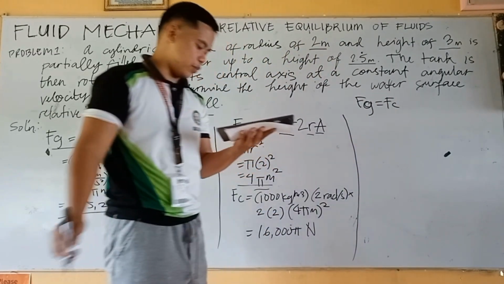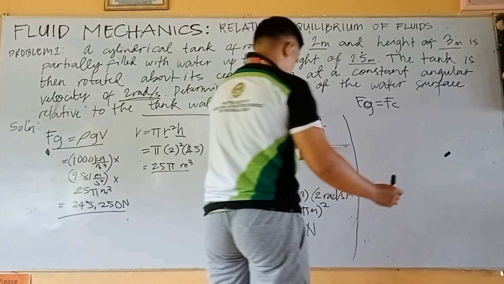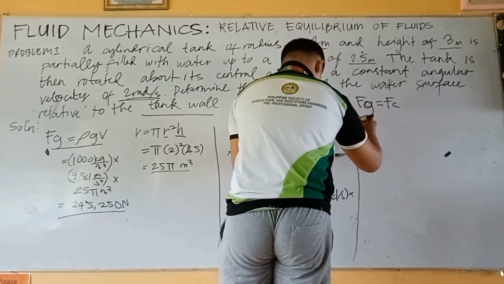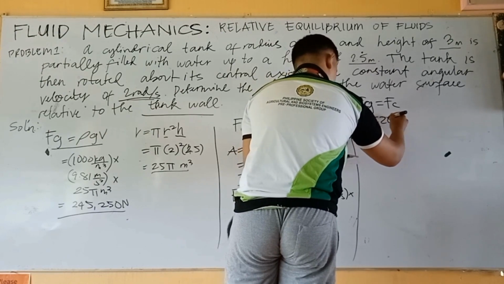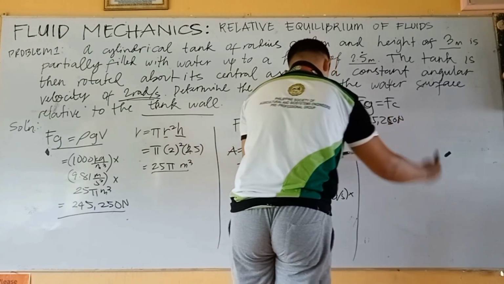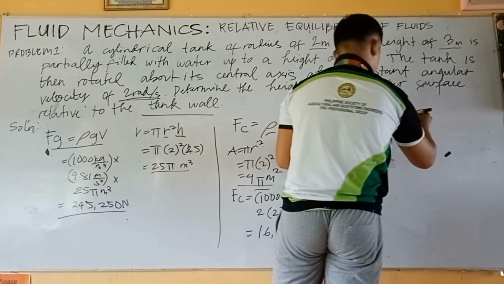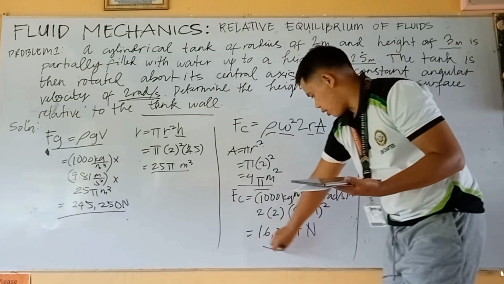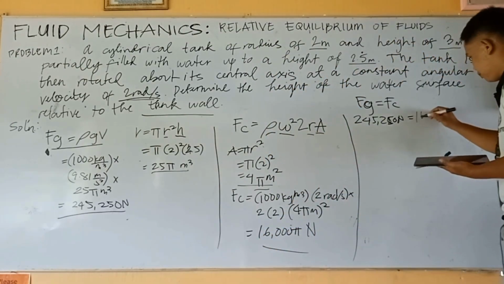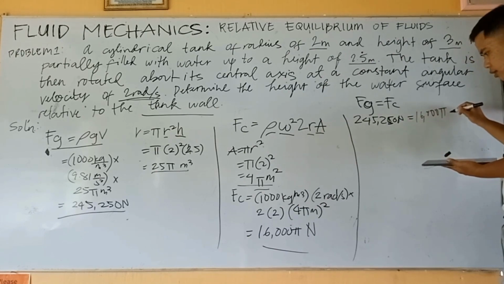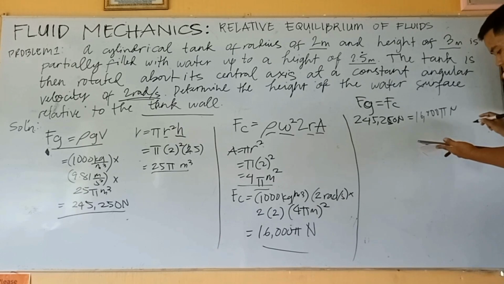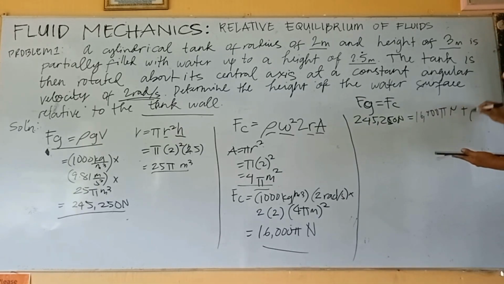So the equation is 245,250 Newtons is equal to 16,000 pi Newtons plus rho g times area times height.